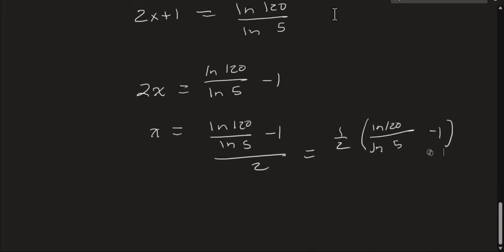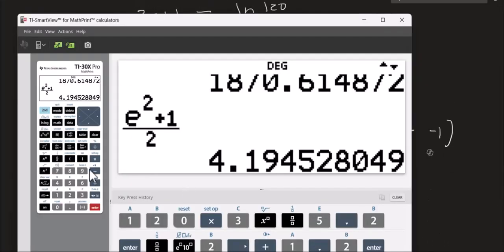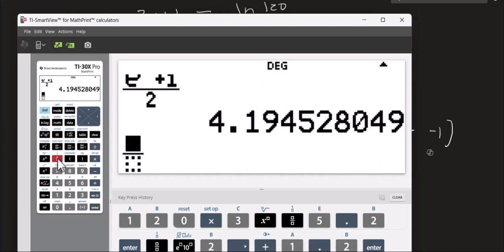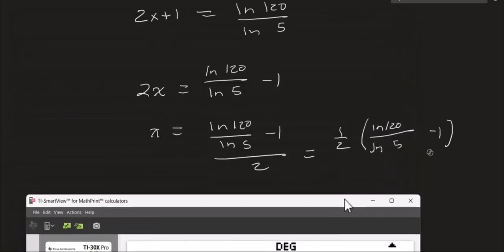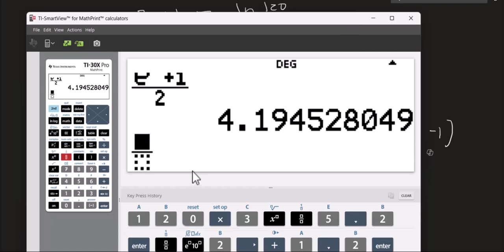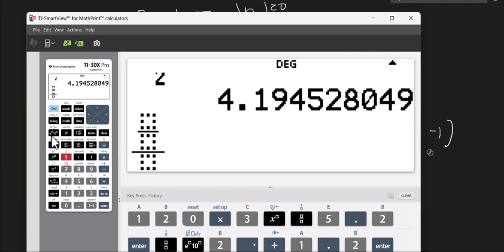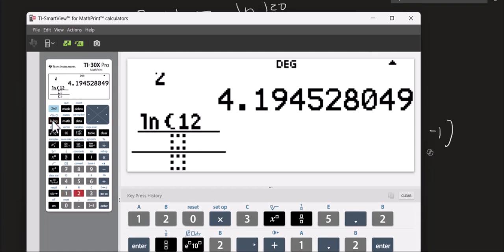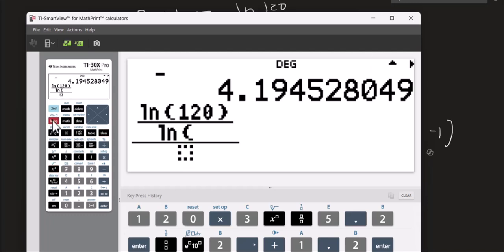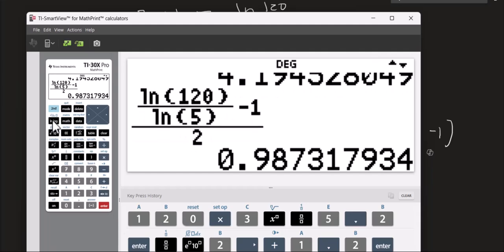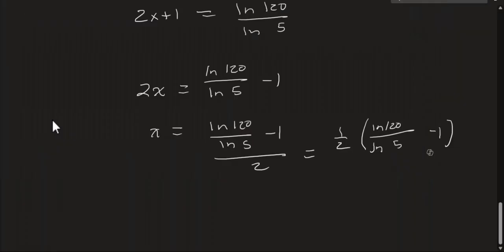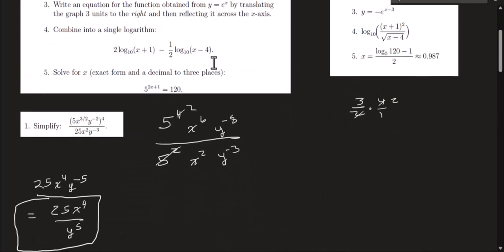Okay, so with natural log, I would have natural log 120 over natural log 5, that whole thing minus 1 all over 2. 0.987.